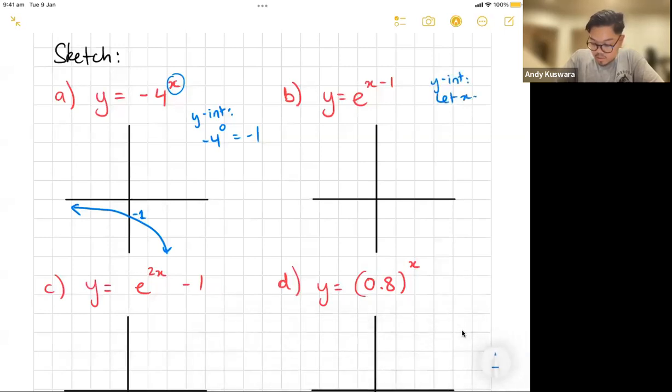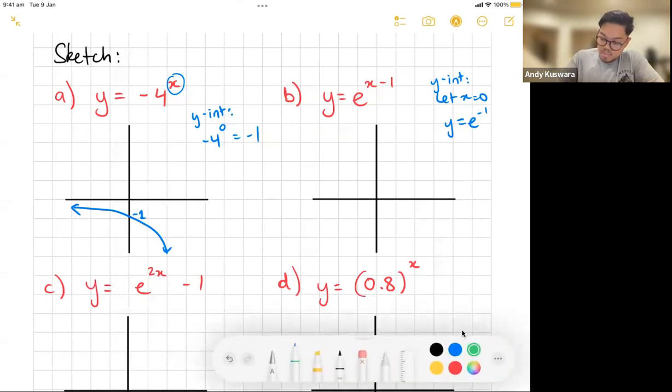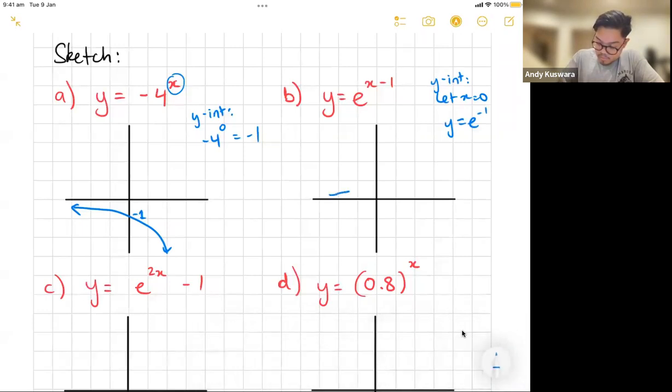I let x equal 0. So I'll have y equals e to the negative 1. And so that'll actually still be a positive number, but it's going to be 1 on e. So I'm going to draw a line in blue. It's going to go up this way, but instead of cutting at 1, it's going to cut on 1 on e.